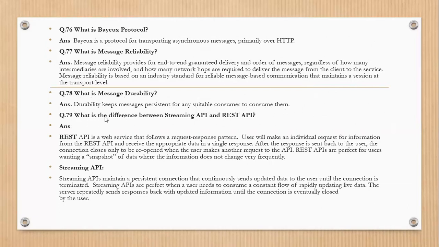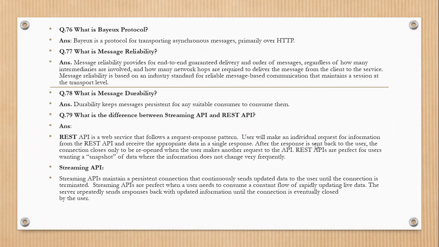What is the difference between the streaming API and the REST API? REST API is a web service that follows the request-response pattern. We make an individual request for information from the REST API and receive the appropriate data in a single response.